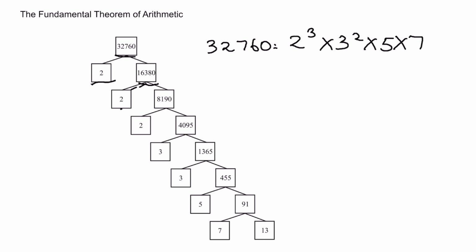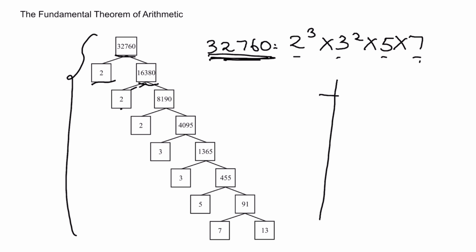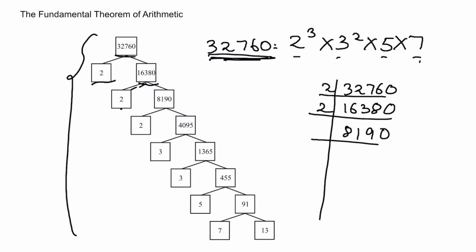As you can see, all of them are a unique set of prime numbers through which we are actually expressing a composite number. Great. And also you see, this is obviously one method of doing prime factorization. You can also do the basic method that we do, that we write 32760 here, and then we start by dividing by 2, that gives 16380. Then we again divide by 2, this gives us 8190. Once again by 2 would give us 4095.